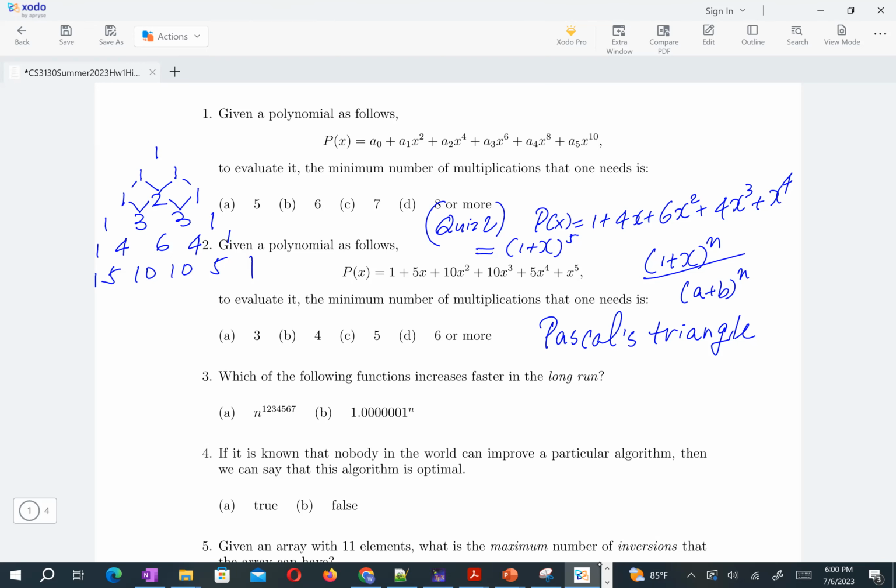After we get this whole number, 1 plus x, how do we raise it to the 5th power quickly? The best way. For our quiz question, 1 plus x to the 4th, how can we get the 4th power quickly? That means the minimum number of multiplications.